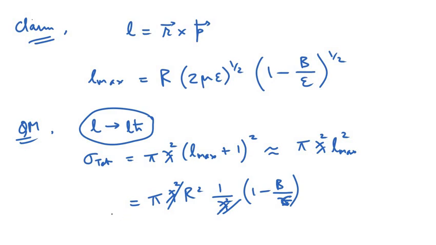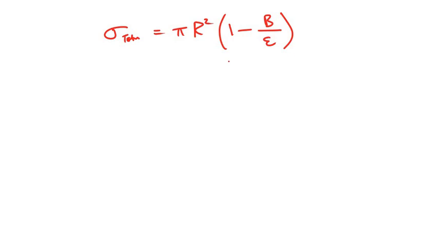So the final expression is sigma total equal to pi R square into (1 minus B by epsilon). See what a simple expression, with just the Coulomb barrier effect. Remember, this expression is valid for energies greater than the Coulomb barrier.